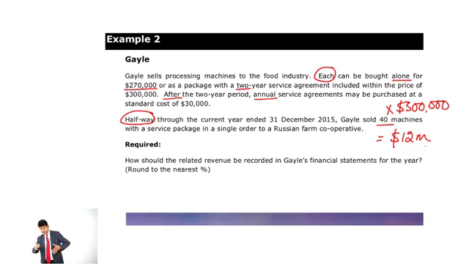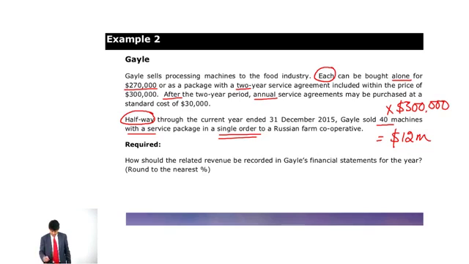And then it becomes a question of how to split it in your books, with a service package in a single order to some Russian farm cooperative. How should the related revenue be recorded in Gale's financial statements for the year? Round it off to the nearest percentage. That's the challenge. Let's see how we might face a question such as this.